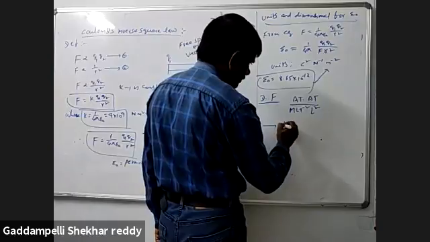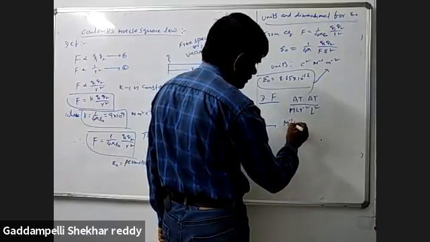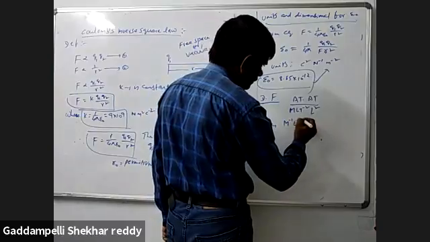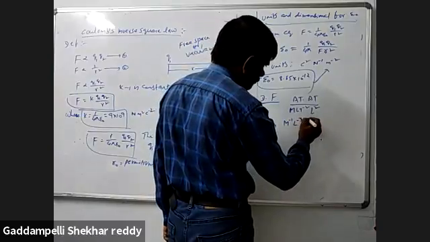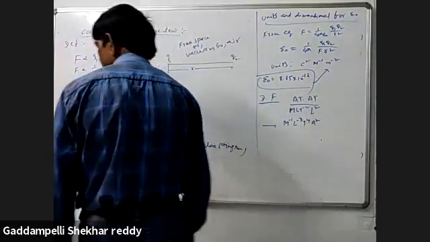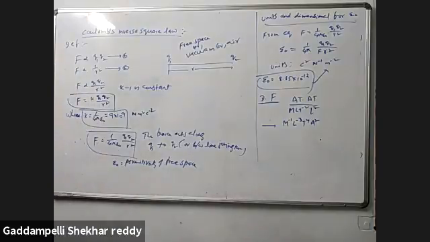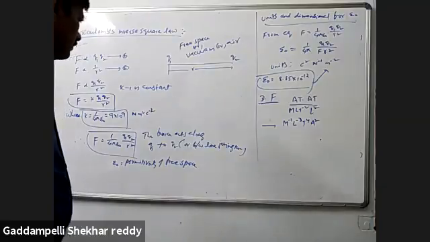After simplification, M power minus 1, L power minus 3, T power 4, A square. So this is the dimensional formula for epsilon naught.